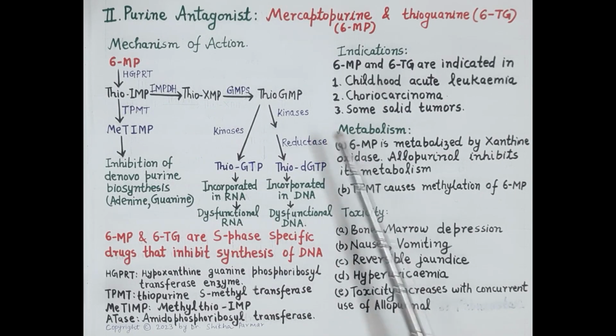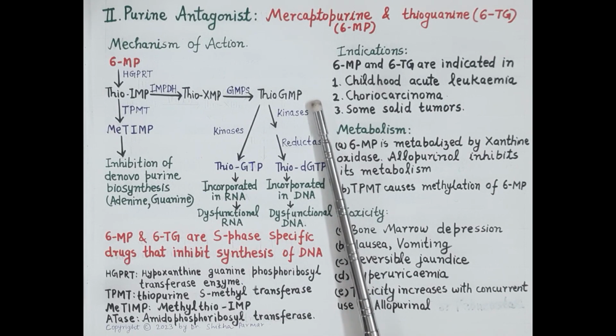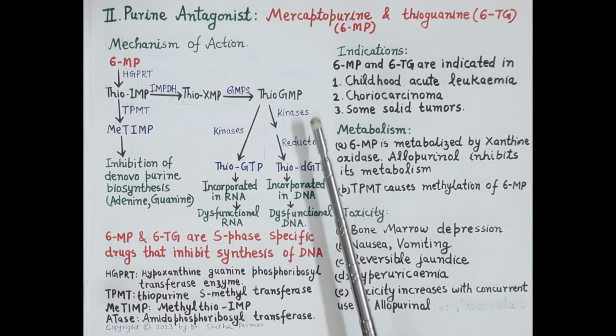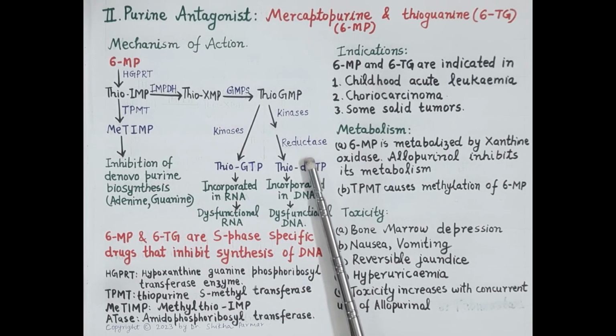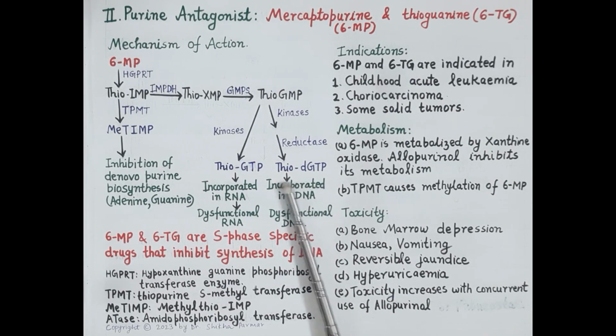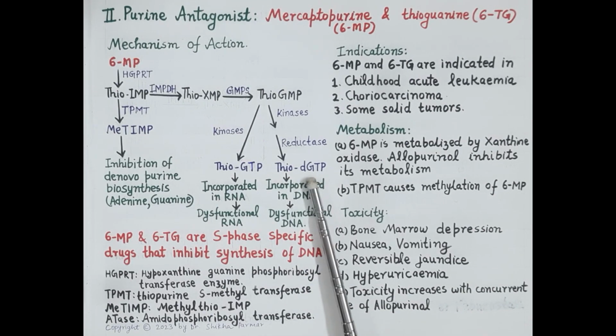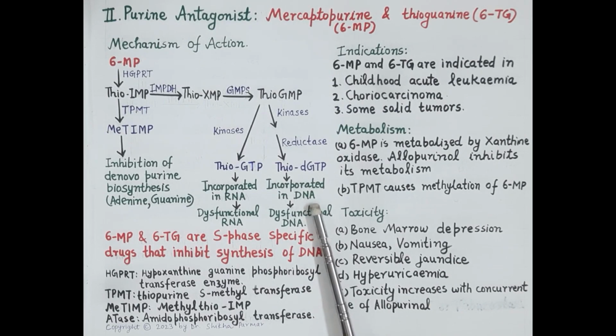Similarly, this thioguanosine monophosphate is phosphorylated, as well as reduced by the reductase enzyme, to produce thiodeoxyguanosine triphosphate. Now, this thiodeoxyguanosine triphosphate gets incorporated in the DNA in place of the normal deoxyguanosine triphosphate nucleotide. So, this also produces dysfunctional DNA.